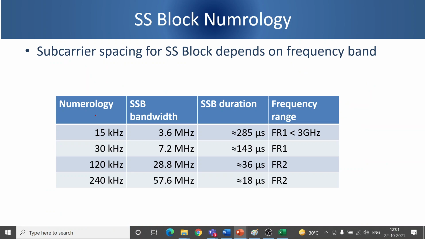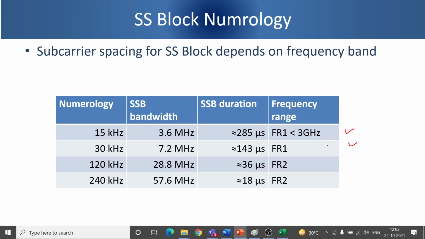As I said earlier, what is the numerology of these SS blocks? Those are predefined because your UE will not be able to get any information from outside. It is blind at the time of initial synchronization. So suppose you have FR1.